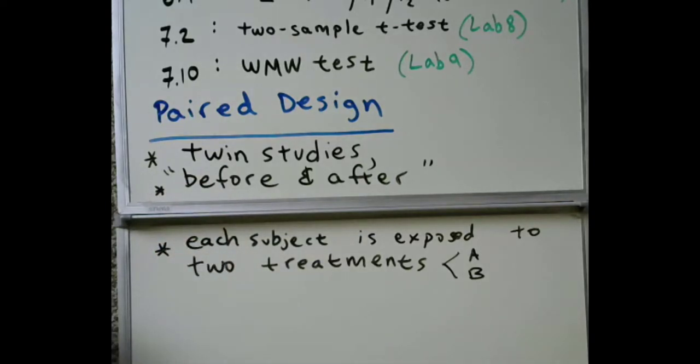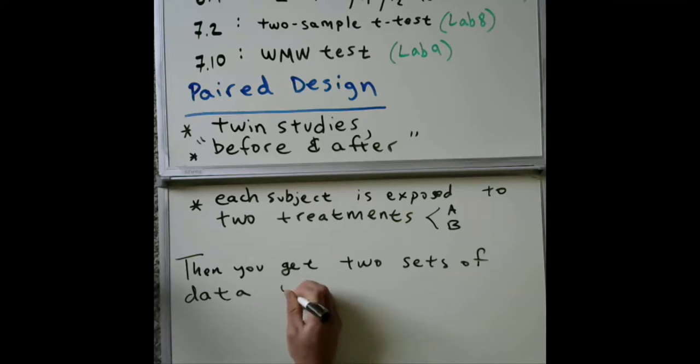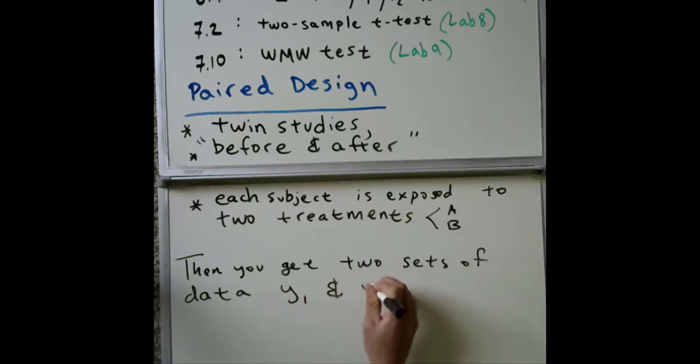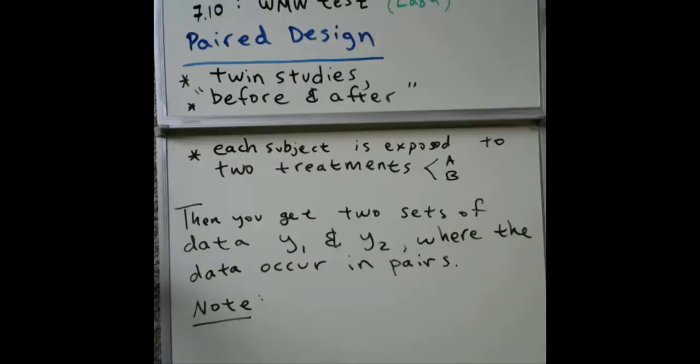The idea with this paired design is that you've got two sets of data. I'm going to call them y1 and y2. Maybe you want to call them y before and y after, or ya, yb. And the data occur in pairs. Now, the important aspect about a paired design is that y1 and y2 are not independent.